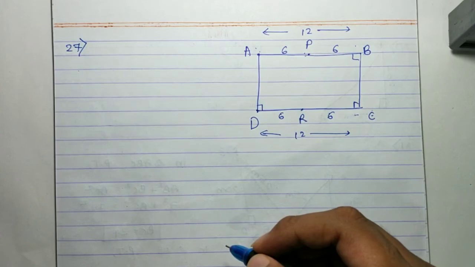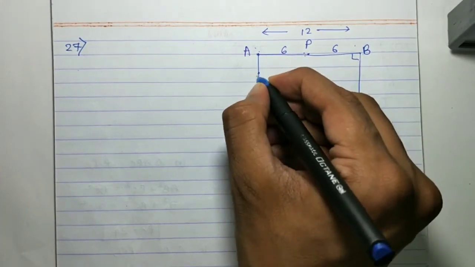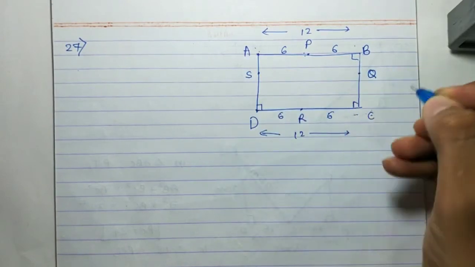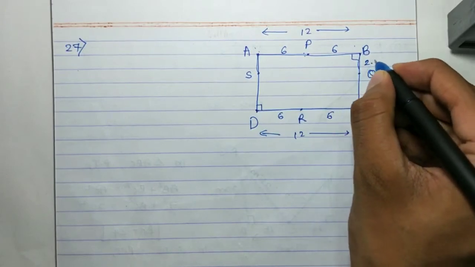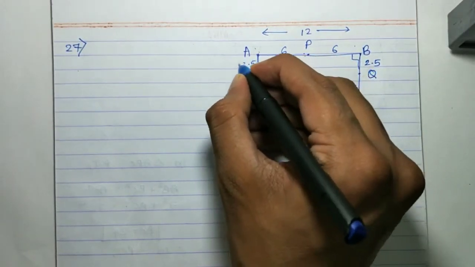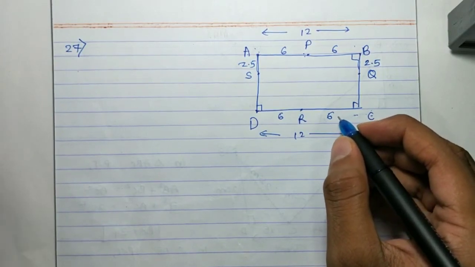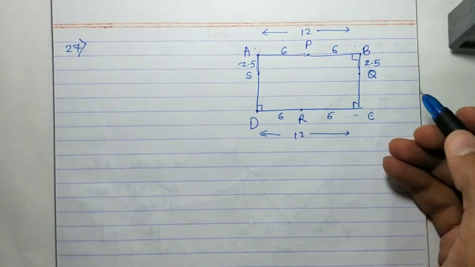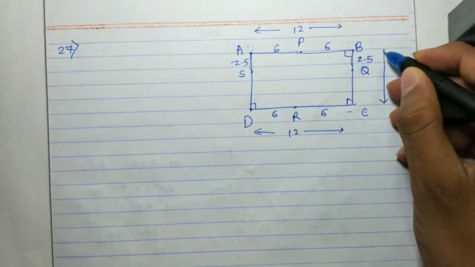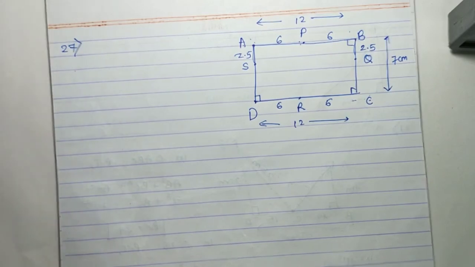Now AS and BQ is 2.5 centimeter. There is a point here S and a point here Q, and they have told that these both are 2.5 centimeters. Okay, and this side BC is given as 7 centimeter. This is the most important information. BC is 7 centimeters.